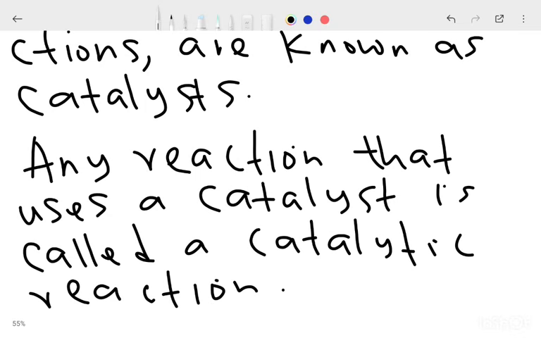They will react very fast to form the product. So the only time they use a catalyst is when a particular reaction is very slow. So it's not all reactions that use a catalyst. This is what you should understand.